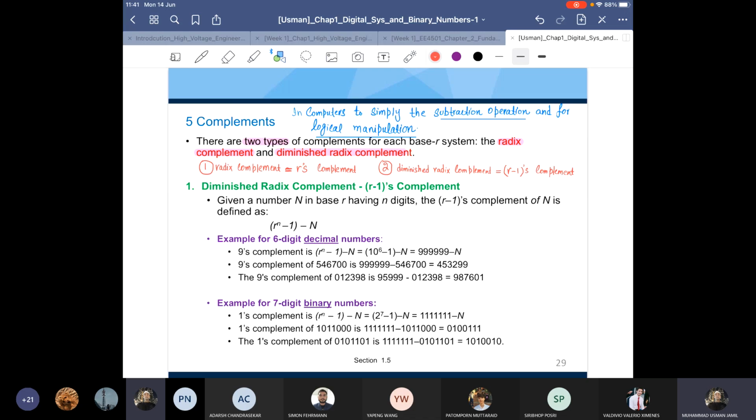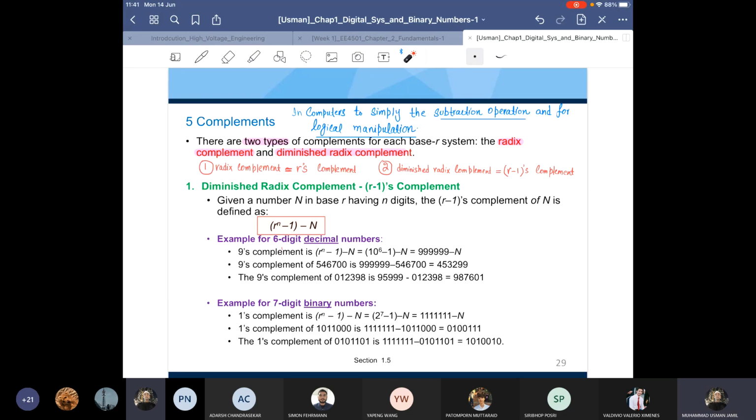So this is the way we can find the diminished radix complement, where R is the base, n is how many digits, and n is the actual number.